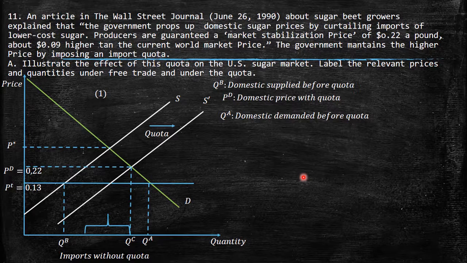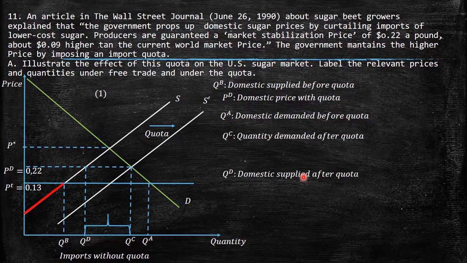So you can represent here the quota as this one. Okay, so you figure out here, this was the P star, the price with no trade. Then the normal price would be PT, which is 0.13, which was this one. But given the policy of the government, it increases by 0.09. Okay, so it's going to be 0.22.